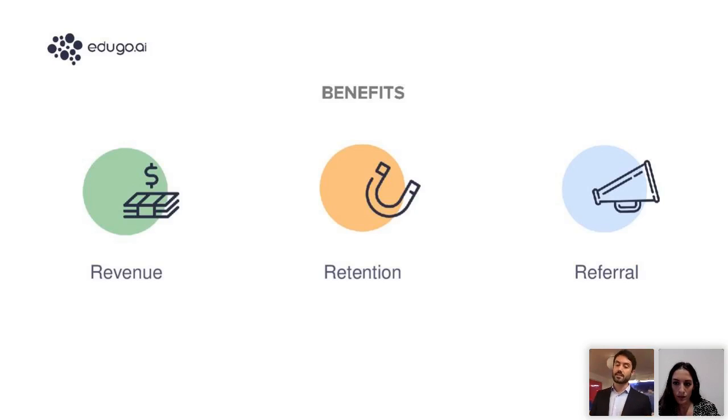So it's been amazing. We know that this works really well for the student, with increased engagement and increased learning outcomes. But it's also really important for our schools, for businesses, and to reach your business objectives.